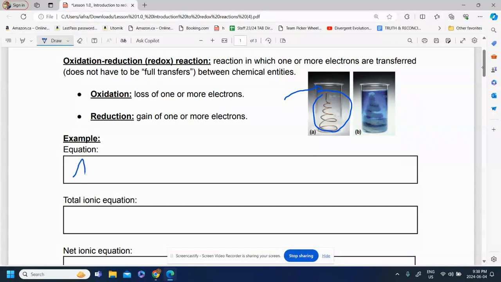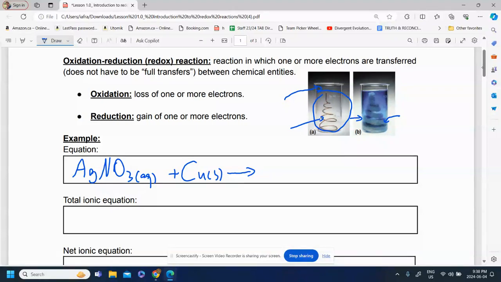So we have silver nitrate like this. And then we have this solid copper metal here, which is Cu, solid. And this is what's happening during the reaction. So we're going to have a reaction go. And you'll see this solid deposit on the copper.